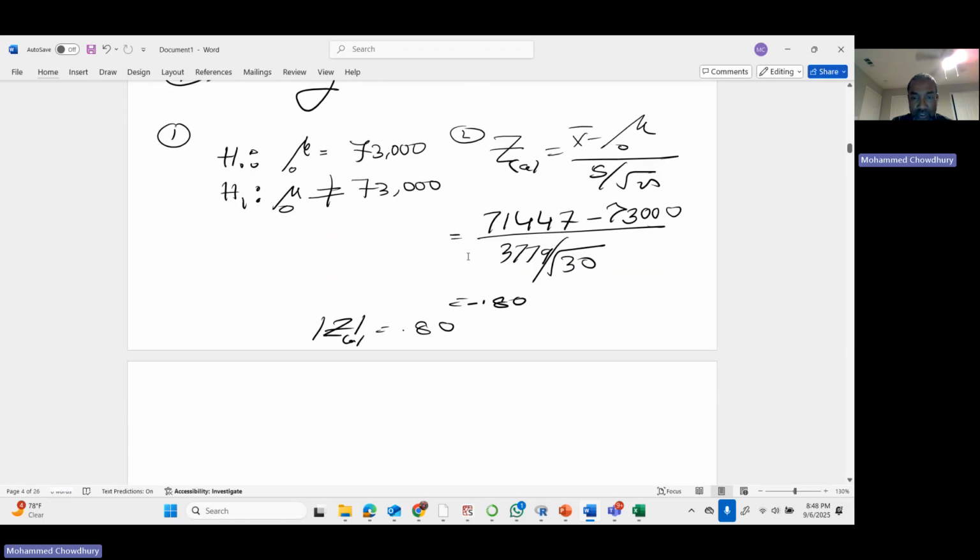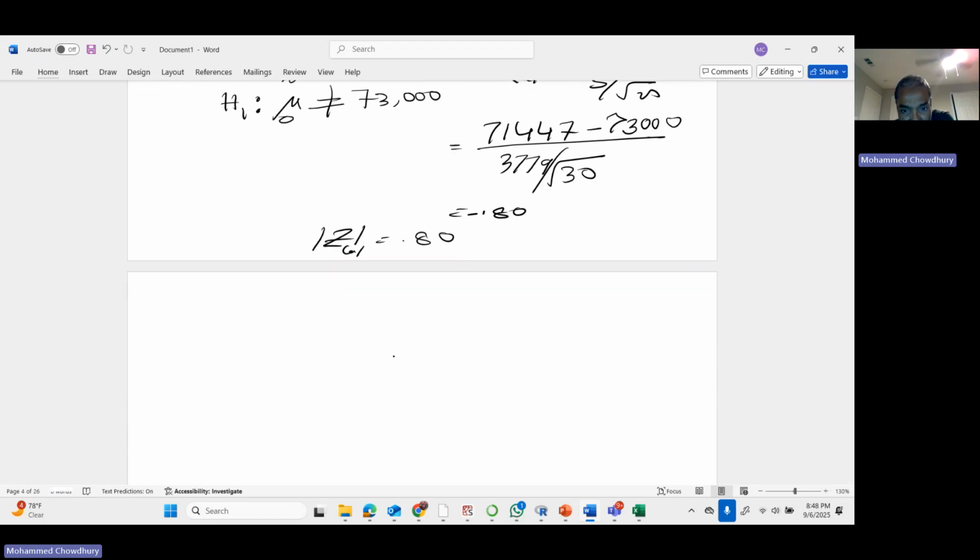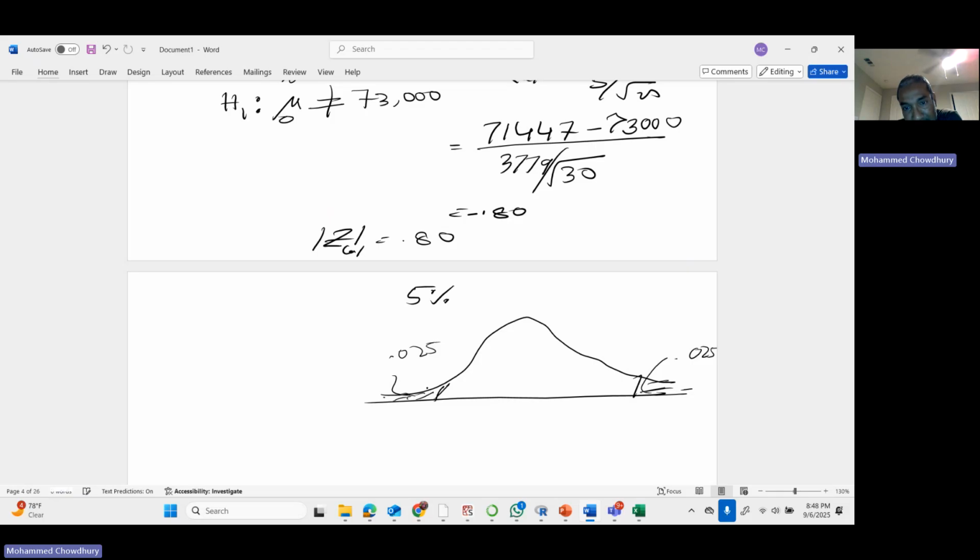Now suppose I want to test this at the 5% level of significance. That means I allow only 5% error, so 0.025 will go here and negative 0.025 here. In step number 3, I get the z table value, which from the previous example I know is 1.96 absolute.